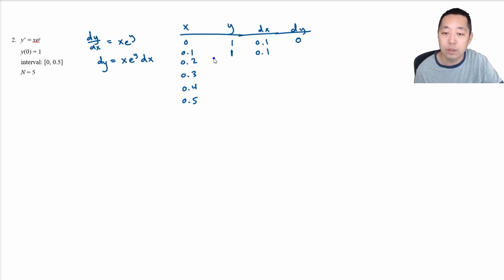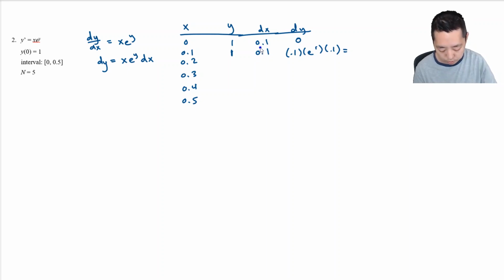For the next step, x is 0.1, so it's going to be 0.1 times e to the 1 times 0.1, because that's my dx. So I get 0.02718. Okay, and so we're going to add that to y, so now y is 1.02718.